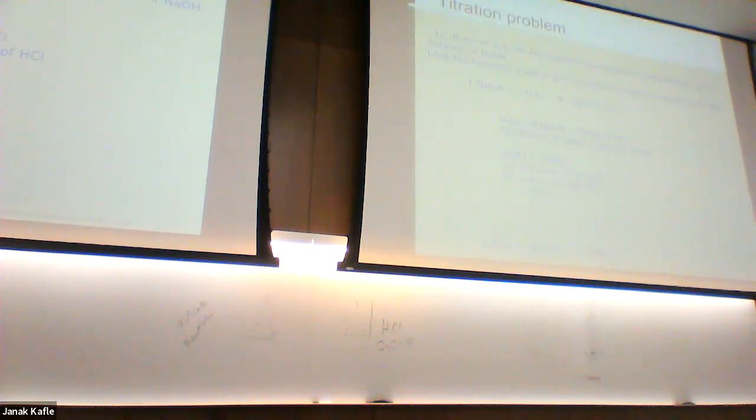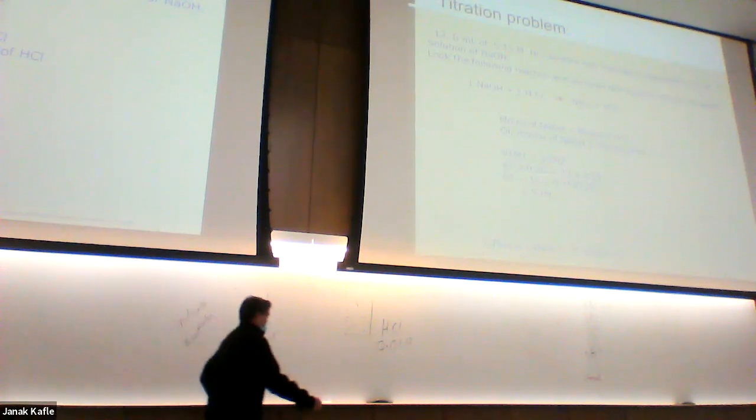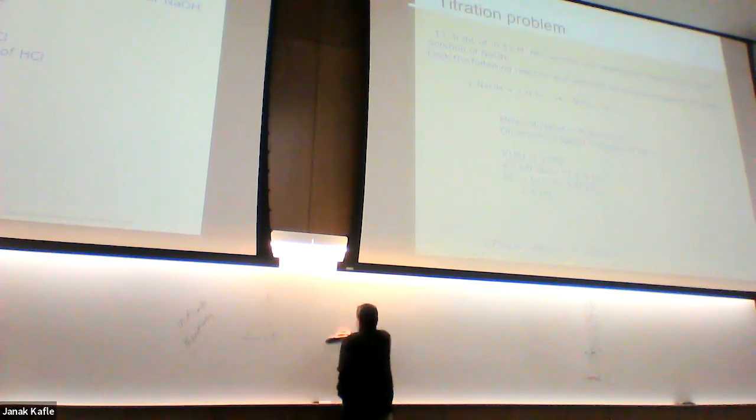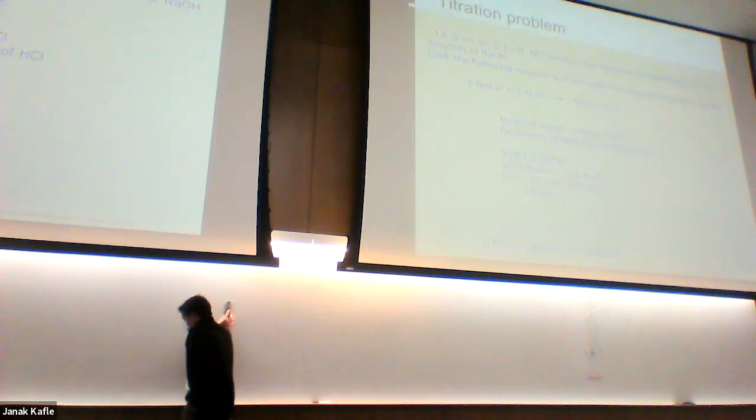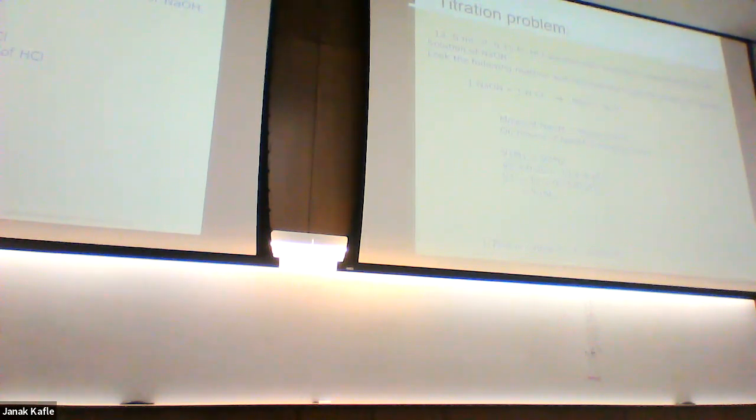So let's do some of the problems here. The problem is asking: 12 ml of 0.15 molar HCl solution was required to neutralize 0.20 molar solution of NaOH. What is the volume?